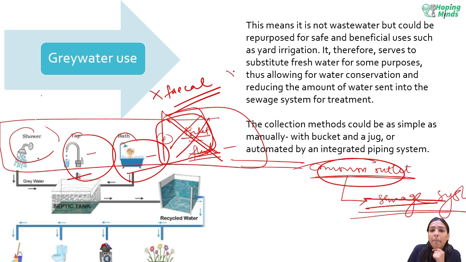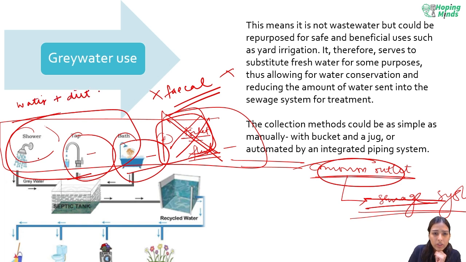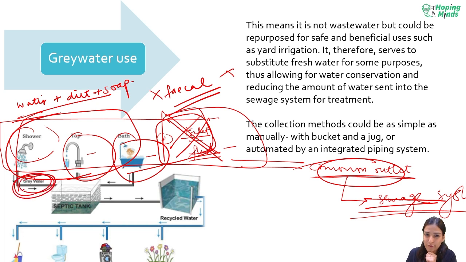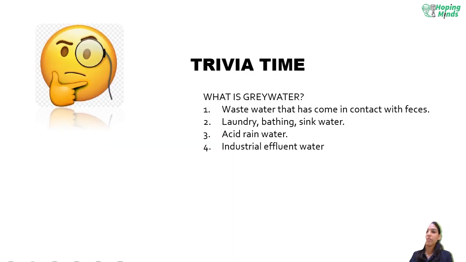This water, mostly water and dirt and could be soap, is grey water. First of all, the answer to our question, what is grey water? Grey water is the water that has not come in contact with feces.